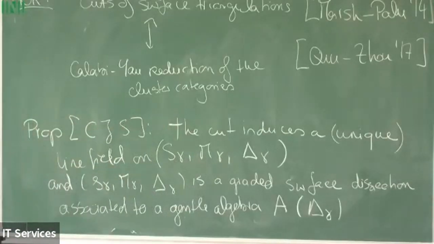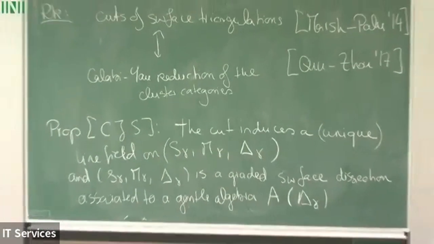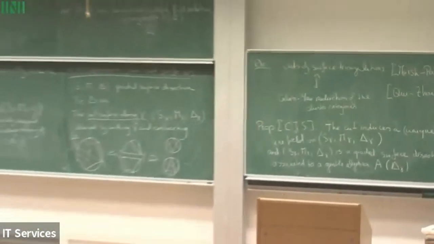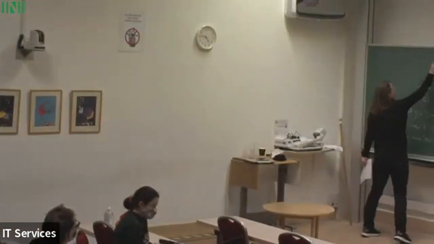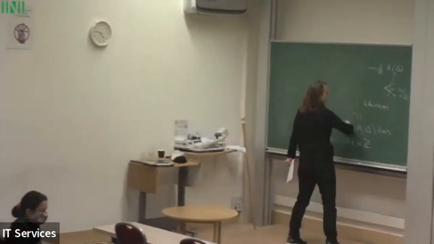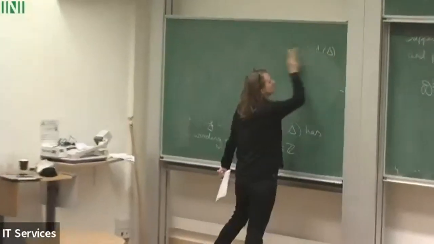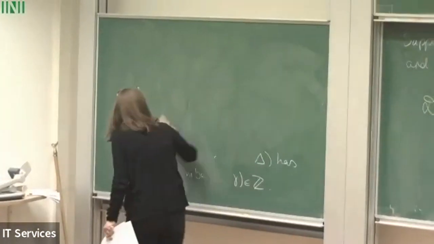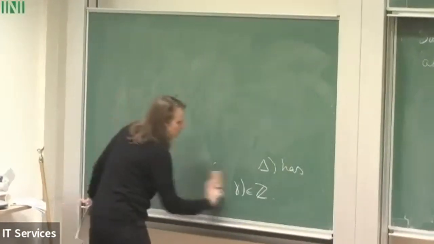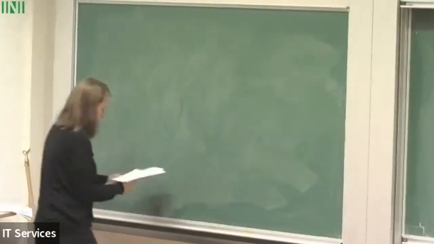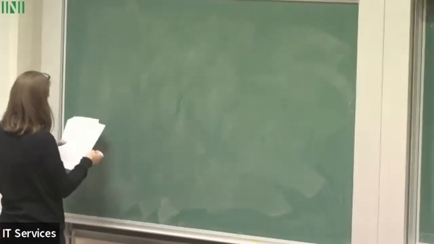Okay, so now we want to cut not only at one edge, but at several. And for that, we need to convince ourselves that it doesn't matter in which order we cut. We can do that by looking at the algebras and comparing those.